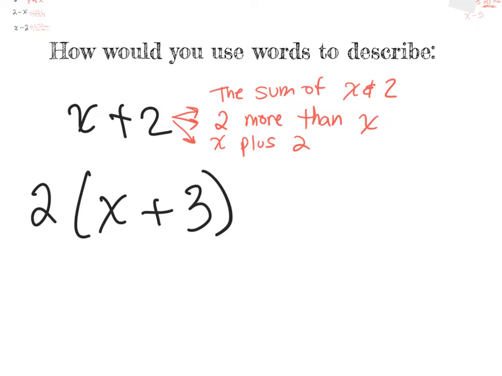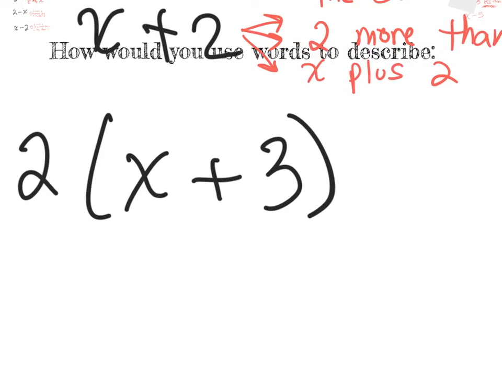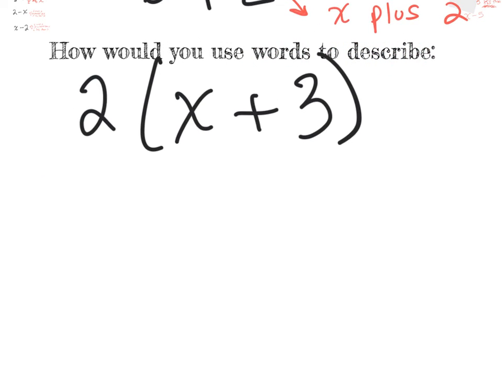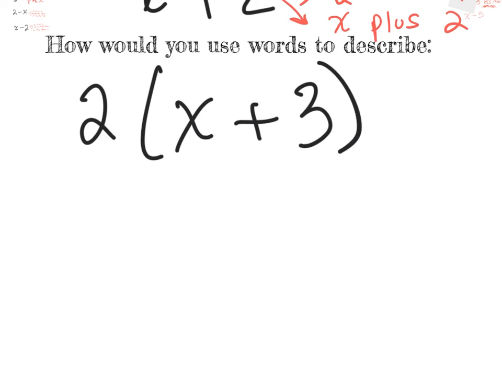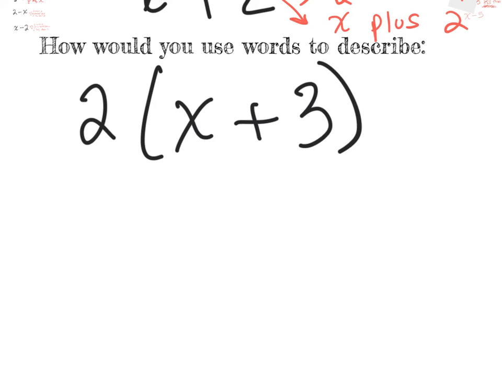Now, what creates an additional confusion or step for this one here? The parentheses. How can you use words to describe what's going on here? I have to make sure that my words properly state the order of operations that has to be followed.